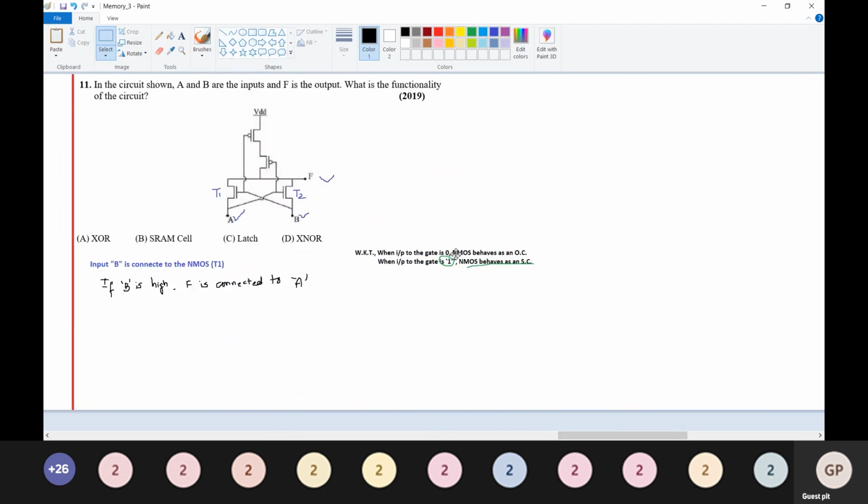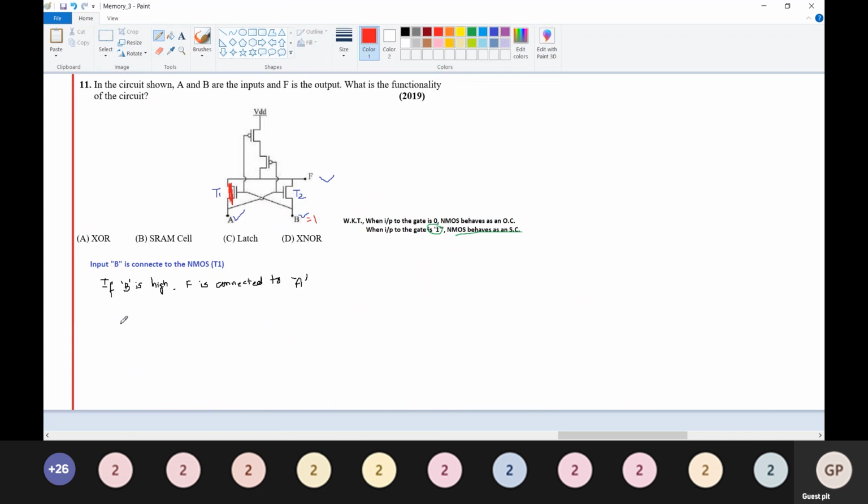See here. When B is high, what happens? The NMOS behaves as a short circuit. When B is equal to 1, this behaves as a short circuit, so F is connected to A. This is what I'm trying to tell you.